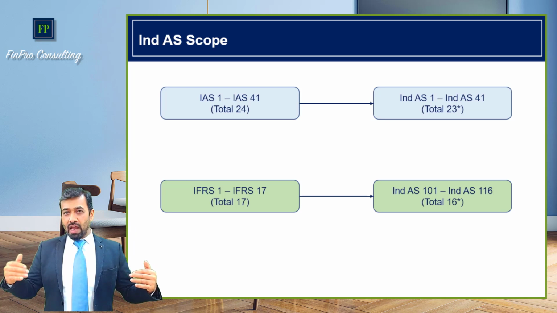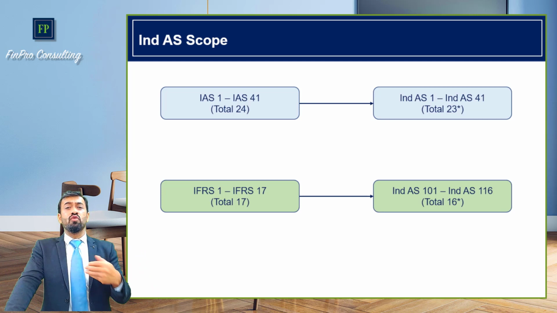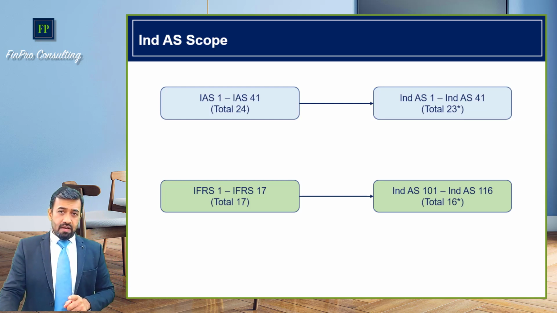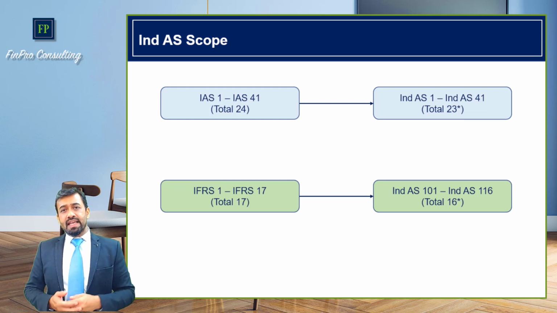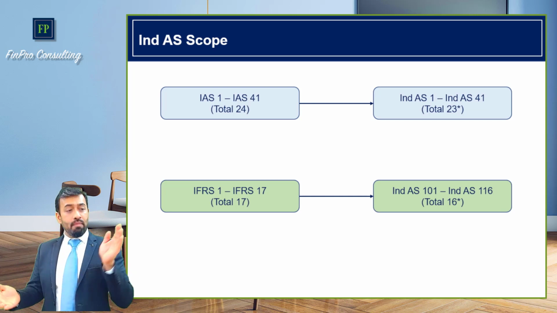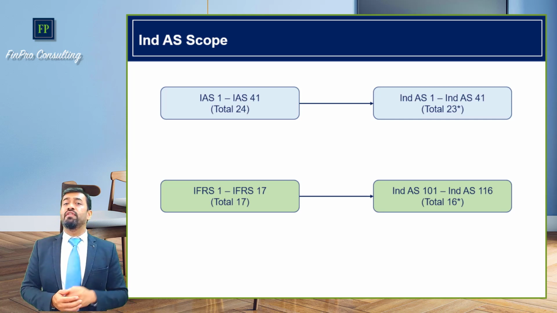Ind AS 109 is financial instruments. The only thing is we have not yet notified a standard parallel to IFRS 17, which will be Ind AS 117 on insurance contracts. The Indian government had said, once IFRS 17 becomes applicable internationally, we will introduce 117 at that point of time.